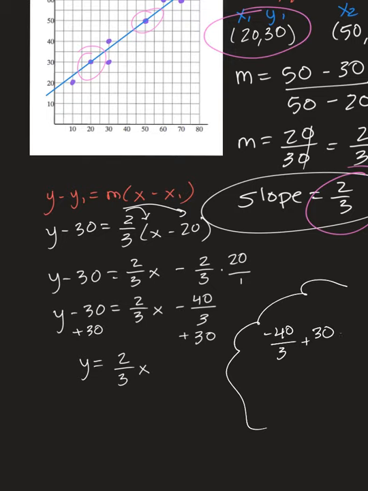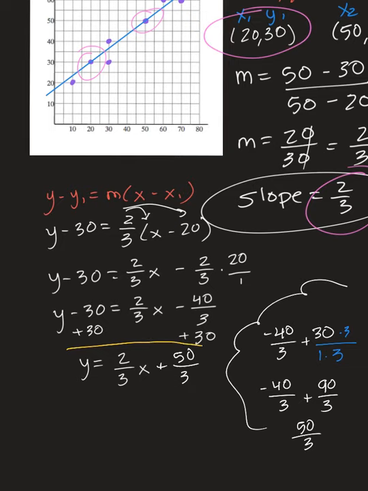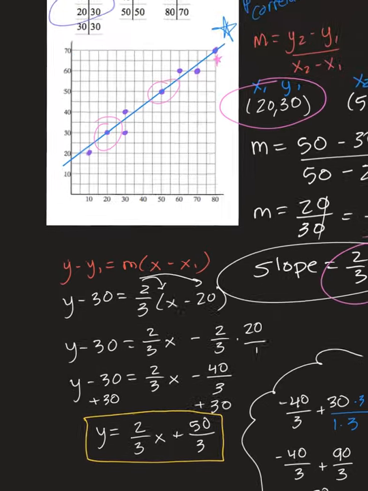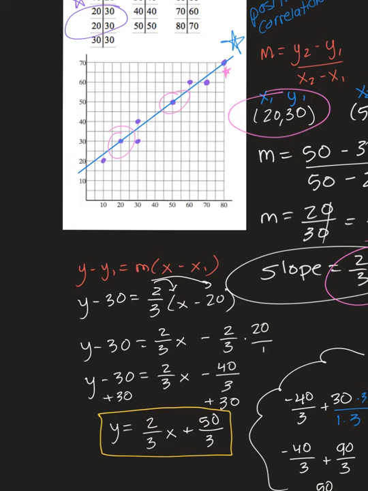I'm going to multiply the 30 by 3 on the top and the bottom, giving me negative 40/3 plus 90/3. And if we add that together, it's 50/3. So it's actually a positive 50 over 3. And then there is our slope-intercept form for the line of best fit that we drew here.